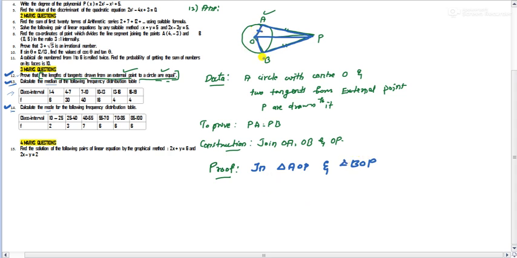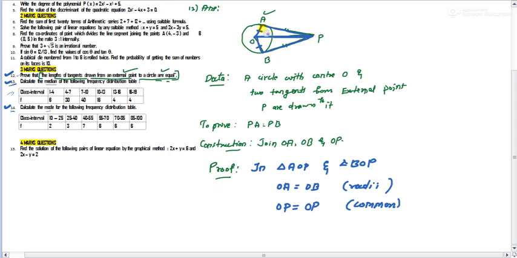See, in the first triangle OA is a radius, that is equal to OB. Both of them are radii, plural of radius. So you can write like this. Second, for both, OP is common. If you look at this figure, you can write OP is equal to OP, and here you can write common.